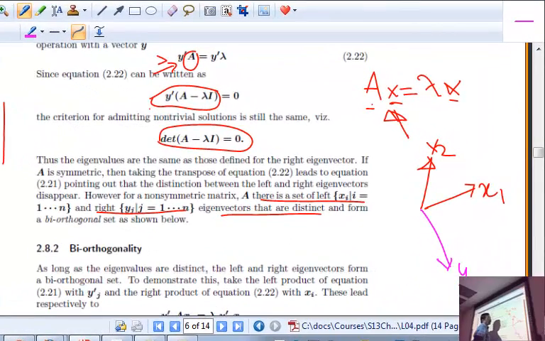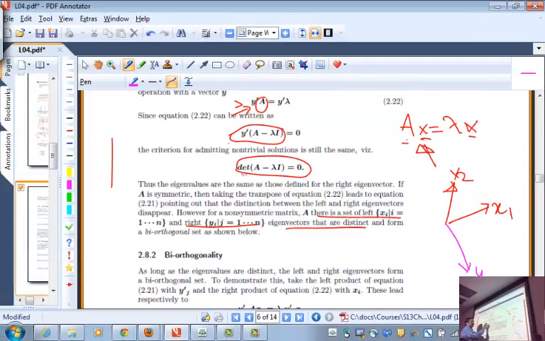We will show why that is, mathematically. I'm just stating a fact that every vector from the set Y is perpendicular to every vector from X that comes from a different eigenvalue. y1 and x1 come from the same eigenvalue. Remember, the eigenvalue set is the same.